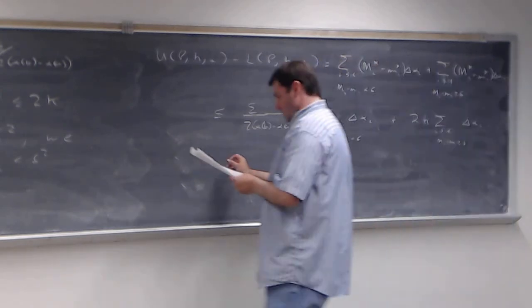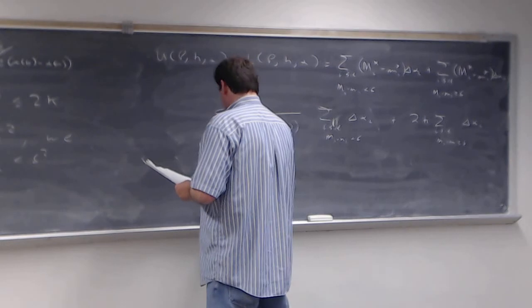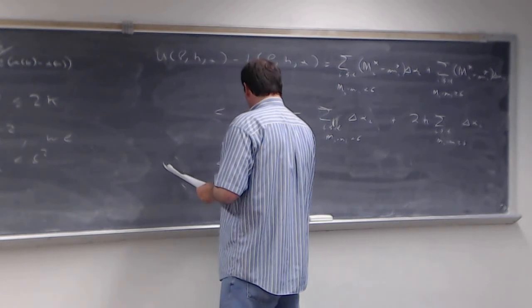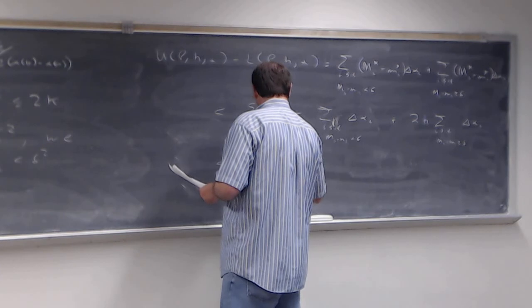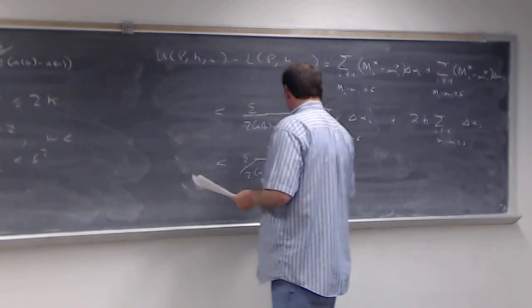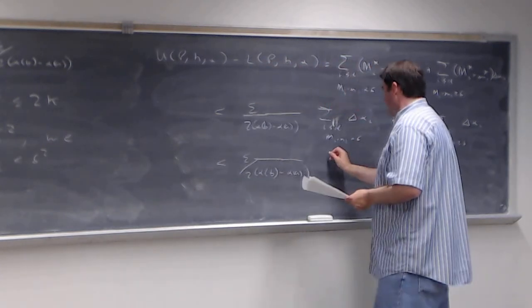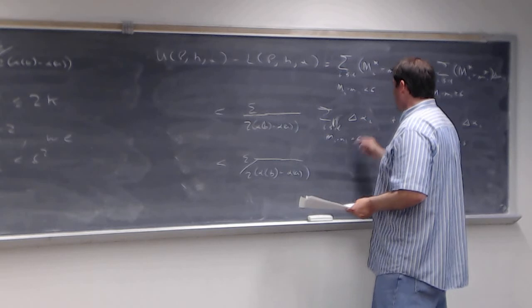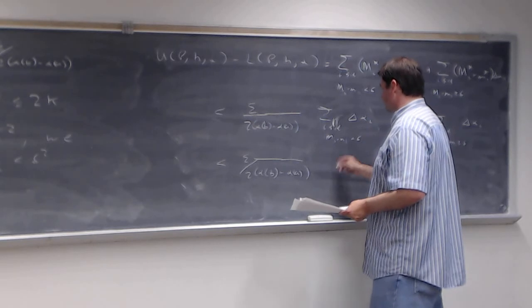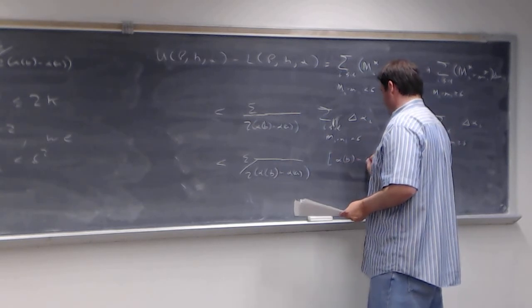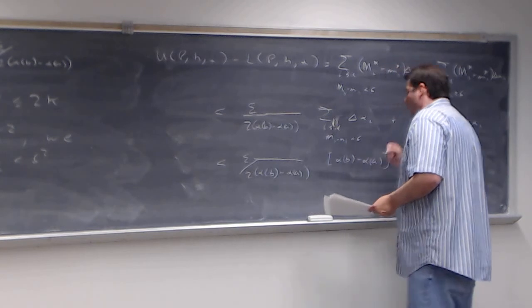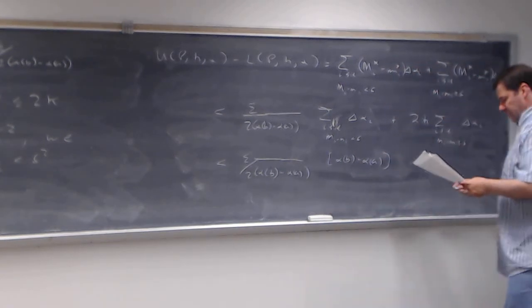Now, this is just less than epsilon over 2 times alpha of b minus alpha of a. Okay, and then this sum, well, it's part of the alpha sub i's, and their distance from each other is going to be less than the difference alpha of b minus alpha of a.